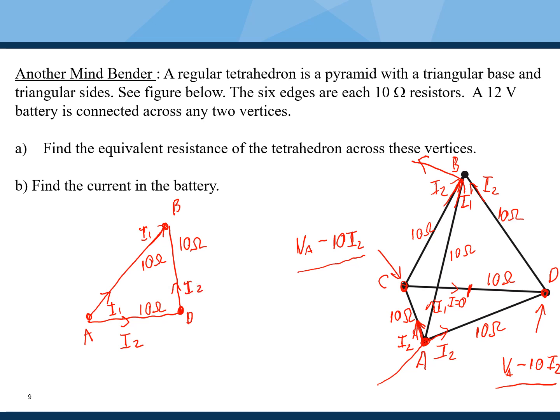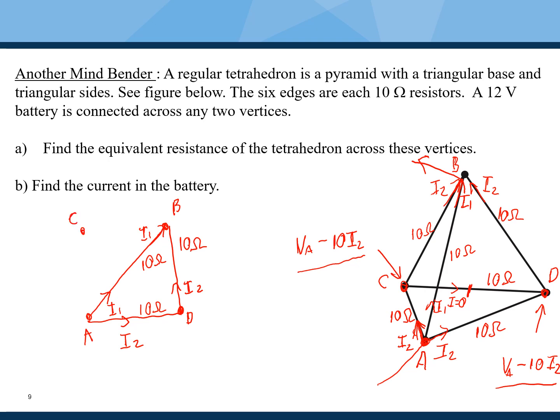simply because I have proved to myself that the voltage at C and the voltage at D is the same, and if the voltage across the two ends of a resistor are the same, then no current flows through that resistor. So there's no current flowing through the resistor that connects C to D. Now I can also draw the point C out here.